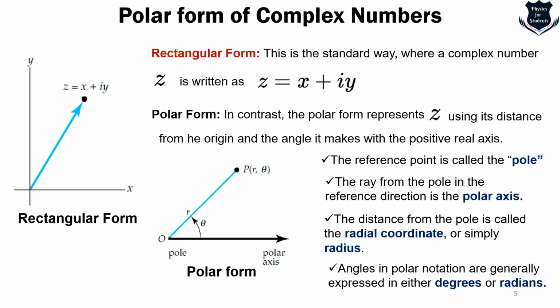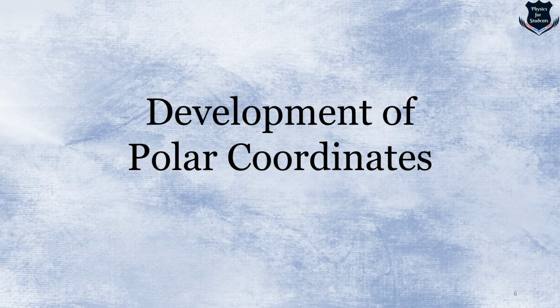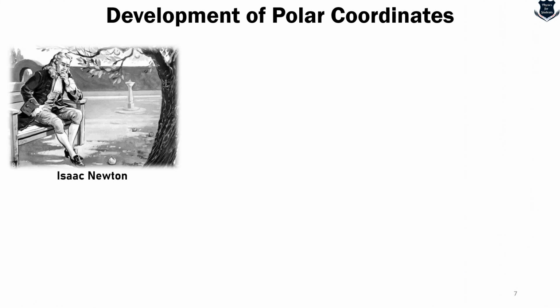Before I go ahead and explain the mathematics of polar form, it is important for all of us to know how the development of polar coordinates actually took place. In the earlier videos, I have dealt with how complex analysis and numbers originated. Here is the development of polar coordinates, and we have to go back to none other than the British polymath Isaac Newton.